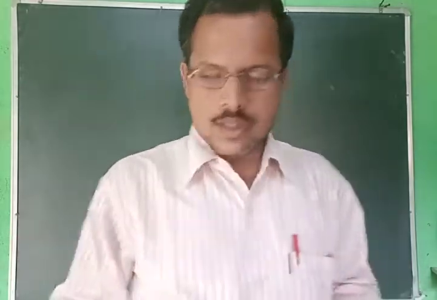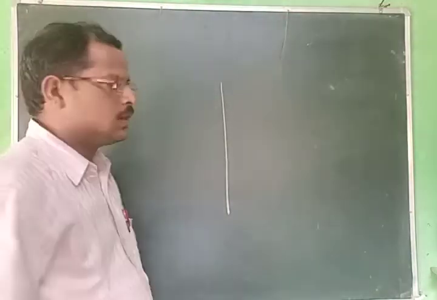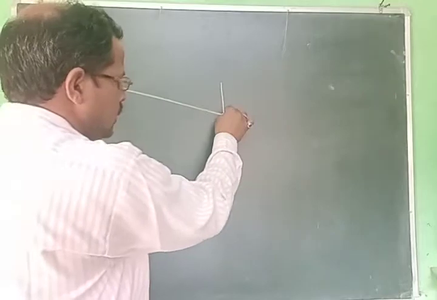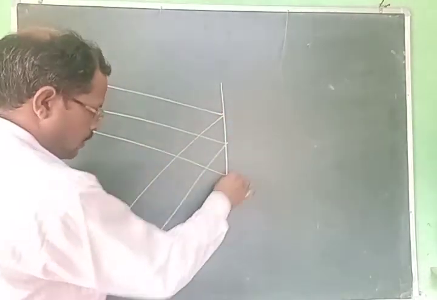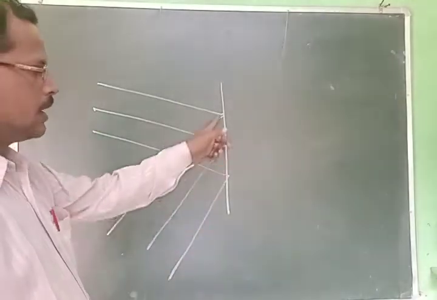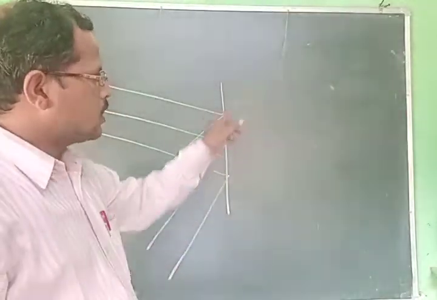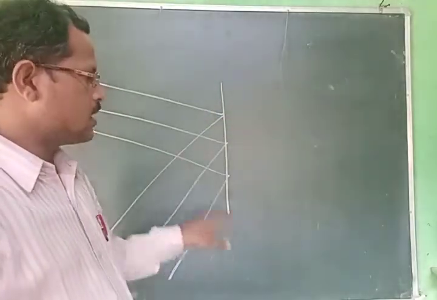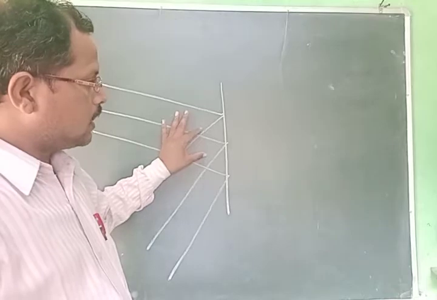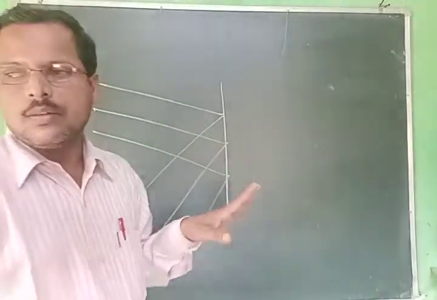Suppose this is the plane mirror. When light falls, the parallel beam of light gets reflected parallel, because of the plane surface.